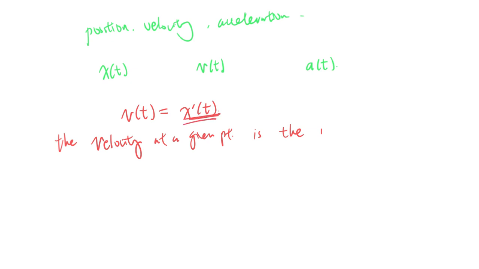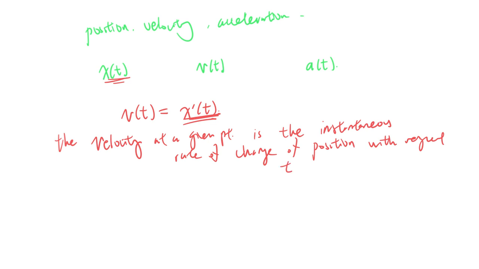If we were to interpret this, it would be the instantaneous rate of change of, now what does x measure? x measures the position, with respect to the independent variable in here, which is t, with respect to time. So v equals x prime of t.